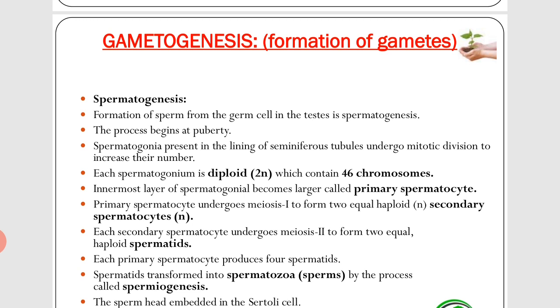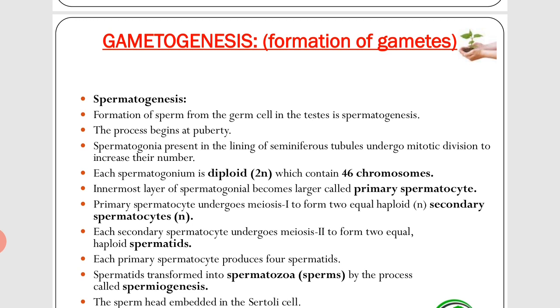Now each primary spermatocyte will produce 4 spermatids. Do you think these spermatids formed as a result of meiosis 1 and 2 are the functional sperms? No, because these are immature, non-motile, non-functional.